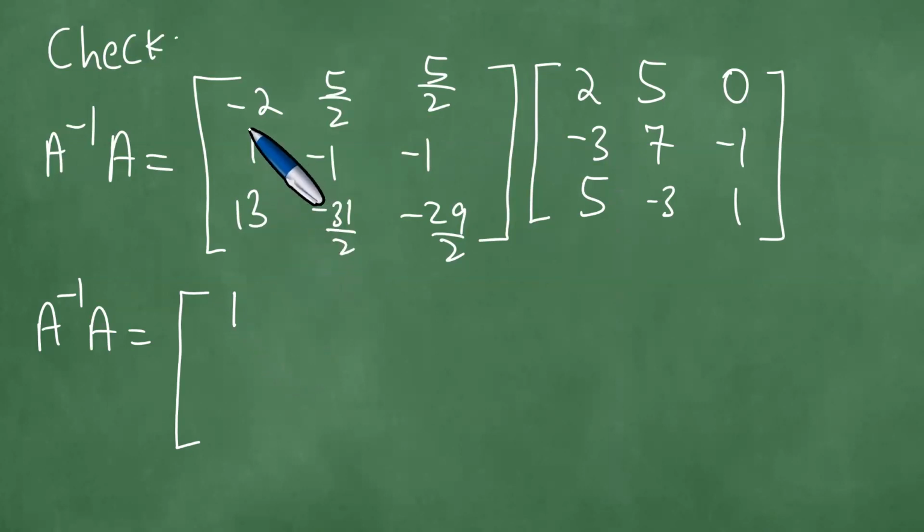So we have a 1 there. Now multiply this row by this column. We have 2 times minus 5, which is minus 10, plus 35 over 2 minus 15 over 2, and that's 20 over 2, which is 10, minus 10 is 0. This with that: minus 2 by 0 is 0. 5 over 2 minus 5 over 2 plus 5 over 2 is a 0.